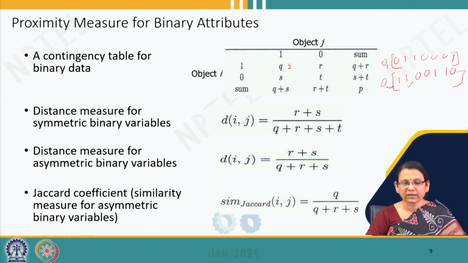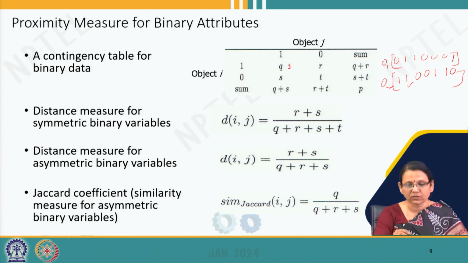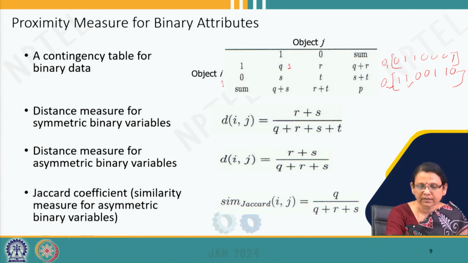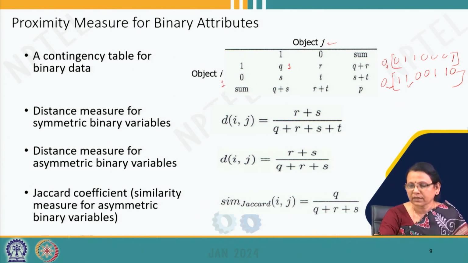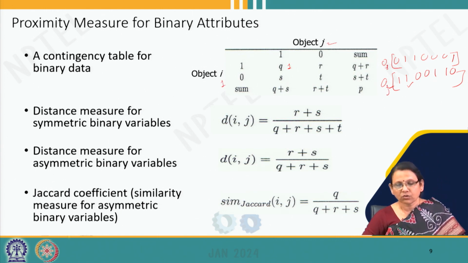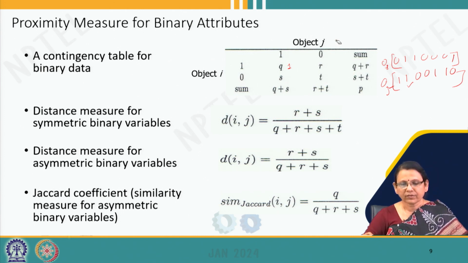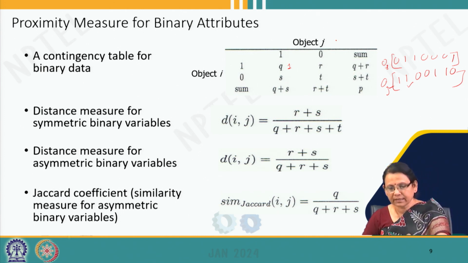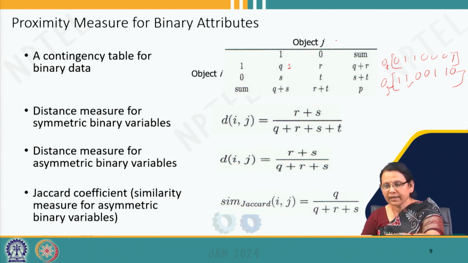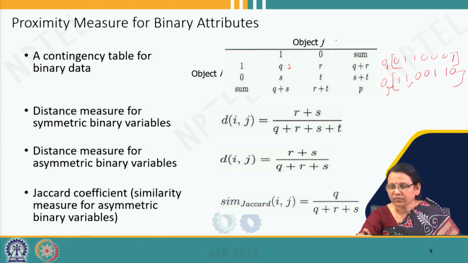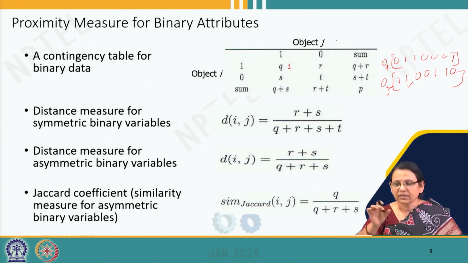Let us call this object I and this object J. In how many places is object I giving 1 while object J is giving 0? These 2 are places, 3 places, and object I has given 0 in, out of that, 2 places.